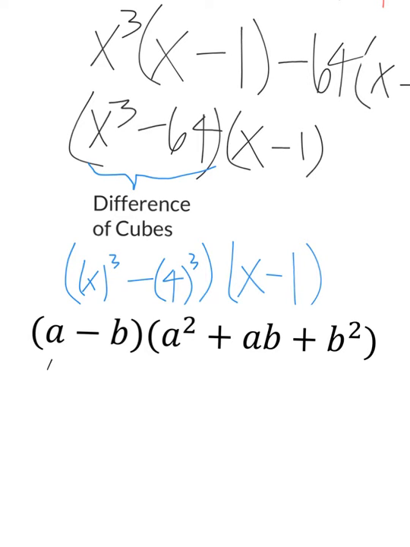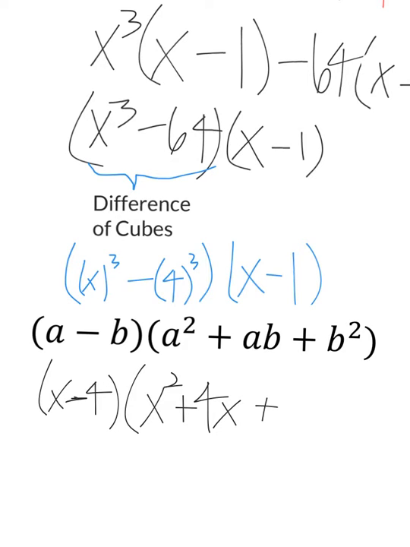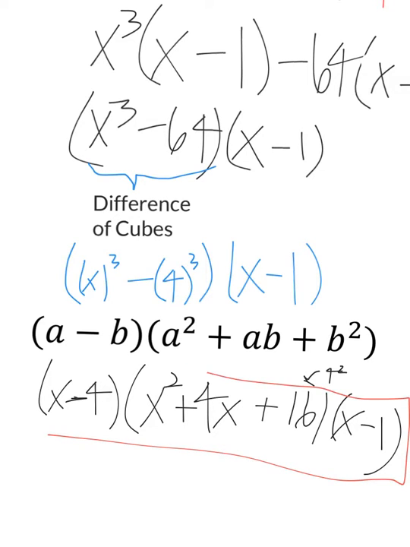So I'm going to write x minus 4 times x squared plus 4x, and then plus b squared would be 4 squared, so that's 16. Close the parentheses and bring in that x minus 1 from before, and this would make the final answer. And that's all I can say about that.